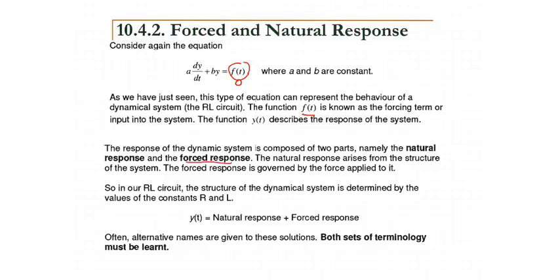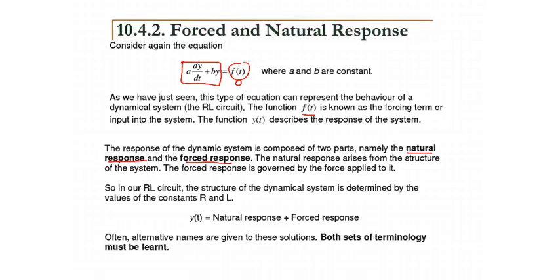Okay, so they're saying that you can set this thing here on your left, set it to 0, and you're going to get what's called the natural response of the system. How the system will respond naturally if there's no external forces, or in this case external voltages, being applied.